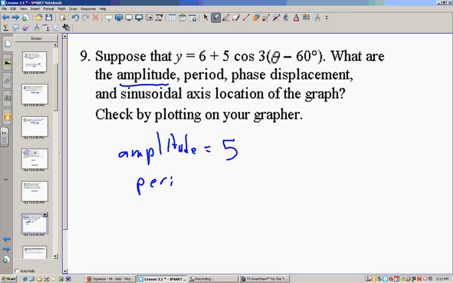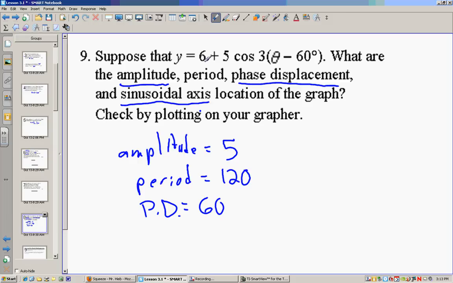My period I can get by, I know this is shrunk horizontally by a factor of 3, so 360 divided by 3 is 120. My phase displacement, I know that I just move it to the right 60, so that'll be a 60. And my sinusoidal axis will move up 6. So the sinusoidal axis is up 6.